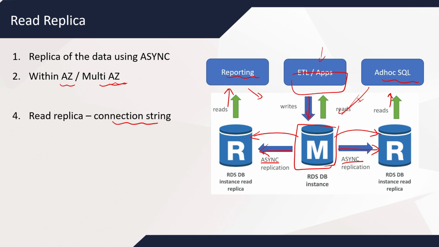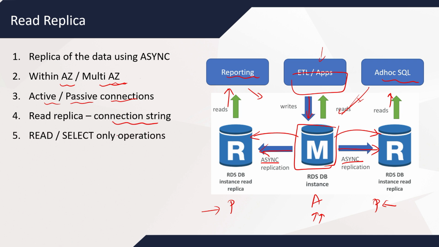So it's always preferred that your reporting or any ad hoc request goes through a read replica. Okay, so that's the benefit of read replica, and this is what we call active passive connections. So your main instance or master instance is called active, and these are passive instances. So passive is only for read purposes, and active is for read and write purposes.